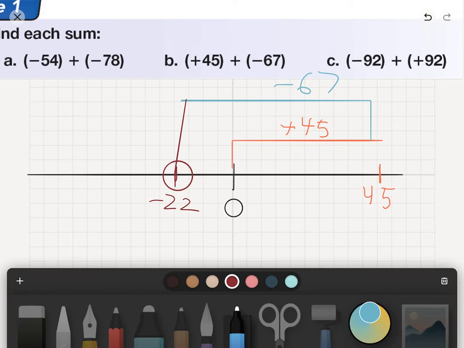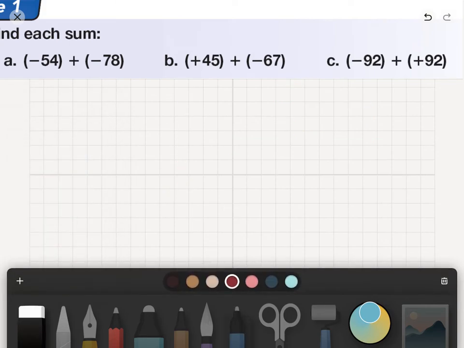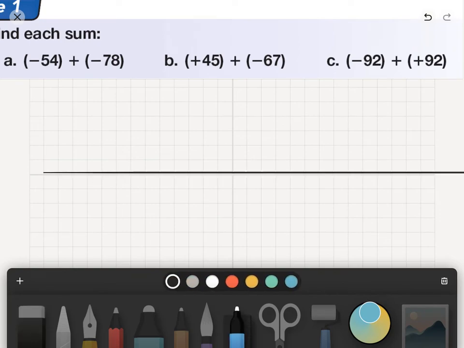Okay, and then this last one, you can look at it: 0. If you're combining an equal negative and positive value, then you can only end up with 0.